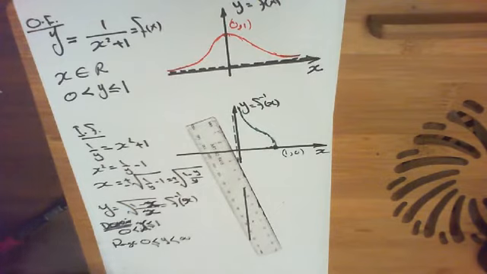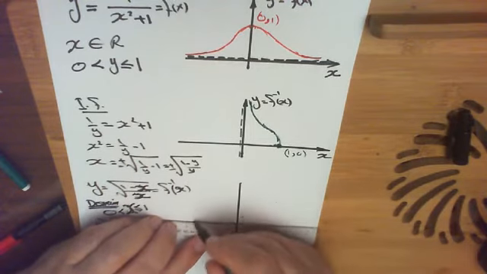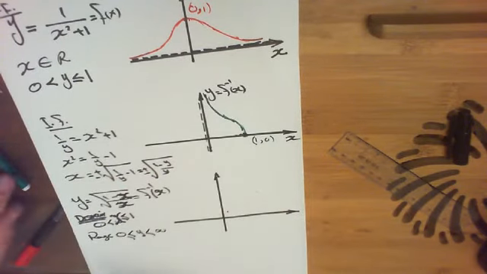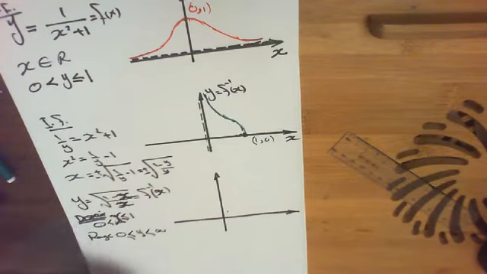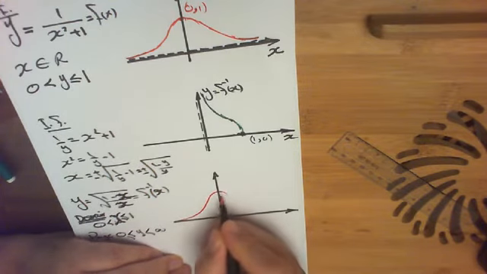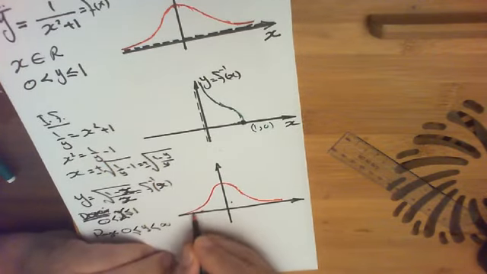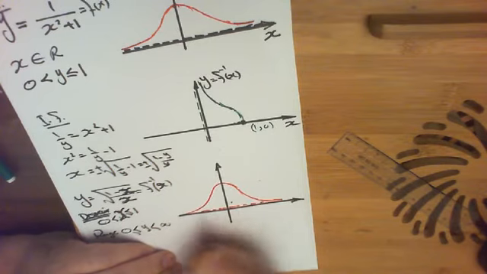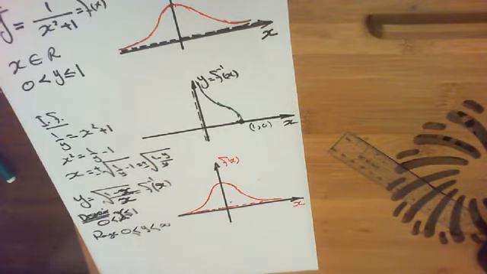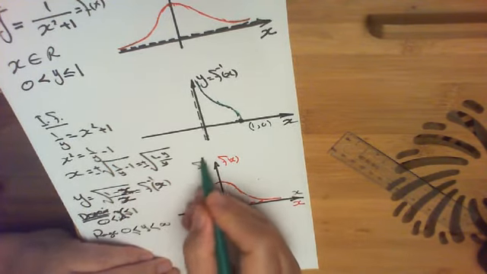Now, on one set of axes, as you see, this is f of x, and this is f minus 1 of x.